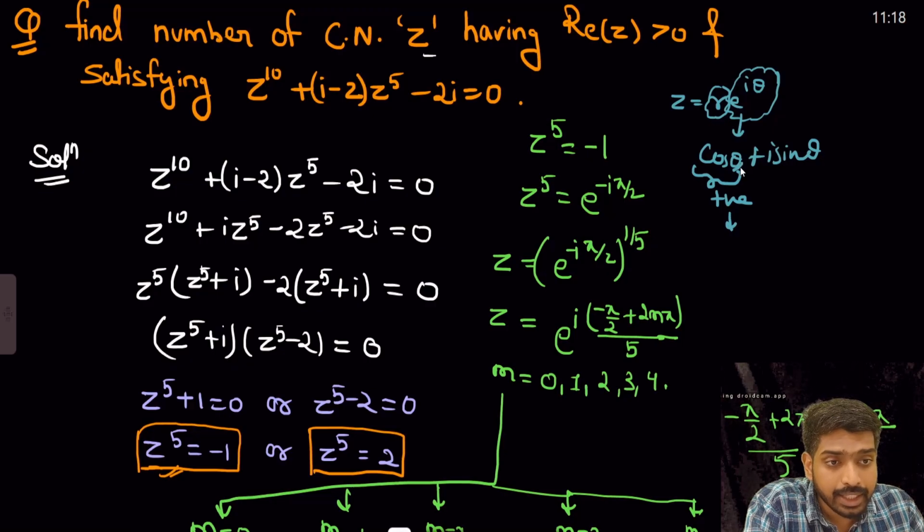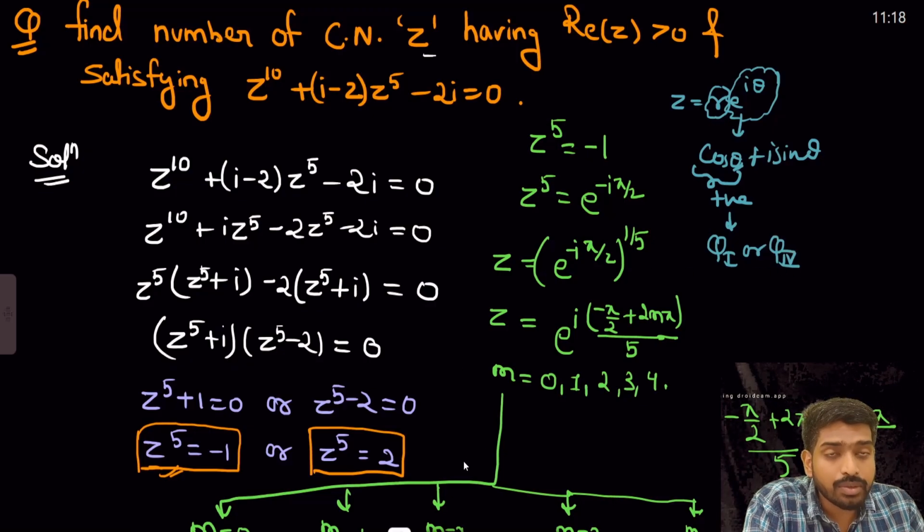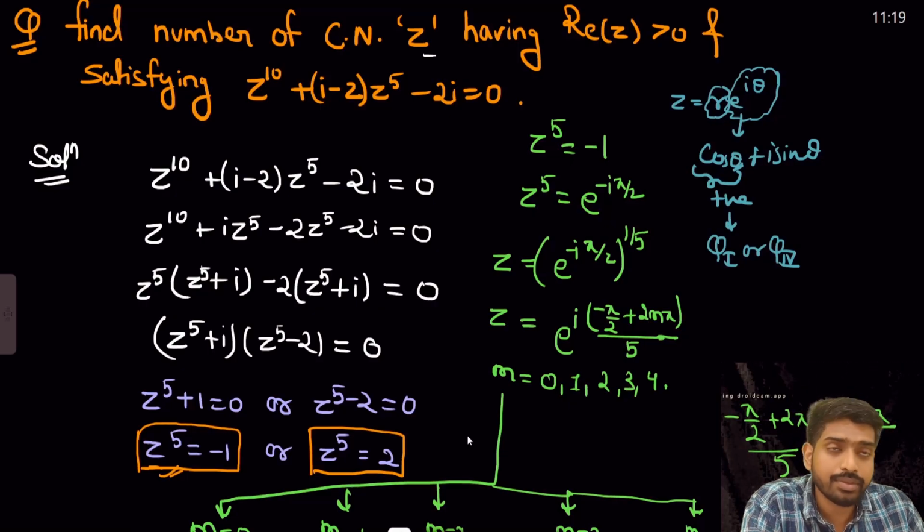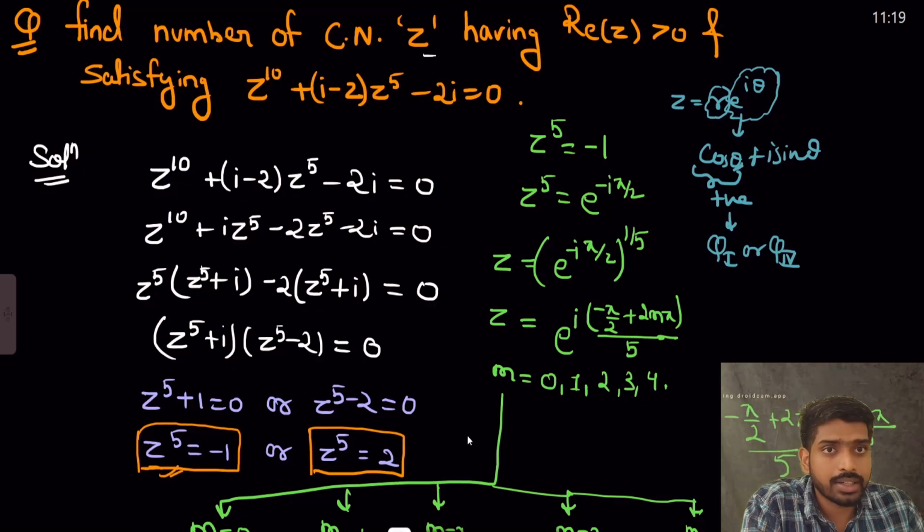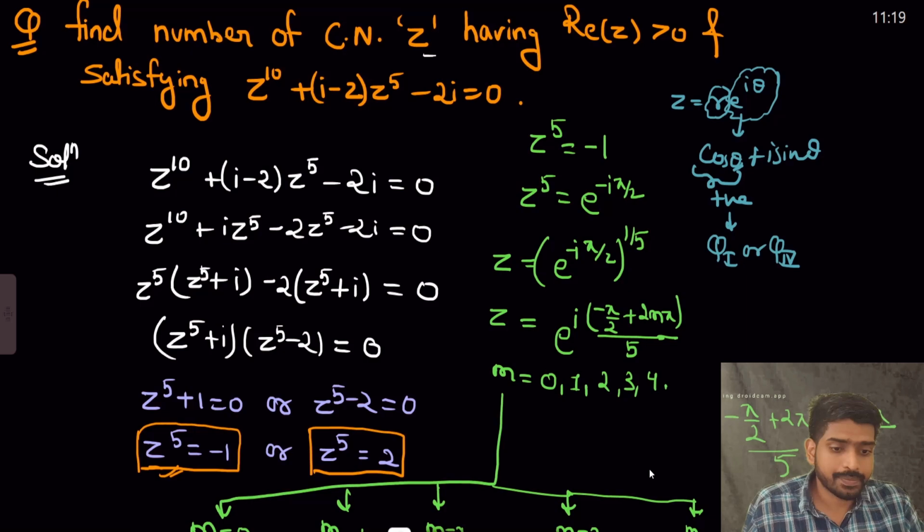When this angle theta is either in the first quadrant or in the fourth quadrant. So we'll check for the 10 solutions which we got how many arguments of the complex number are in the first quadrant or fourth quadrant. If it is in the first or fourth quadrant, our real part will be positive. Got it? We'll check.